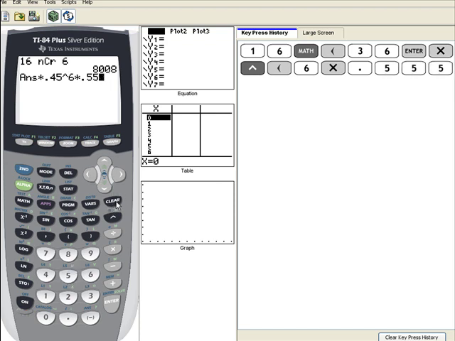Okay, and I'm coming up with 0.1684. I would round that to 0.168.